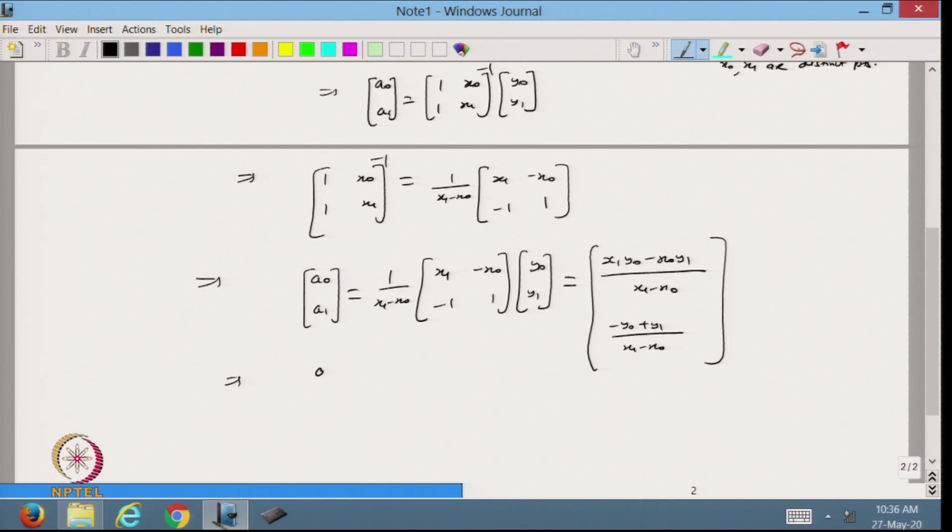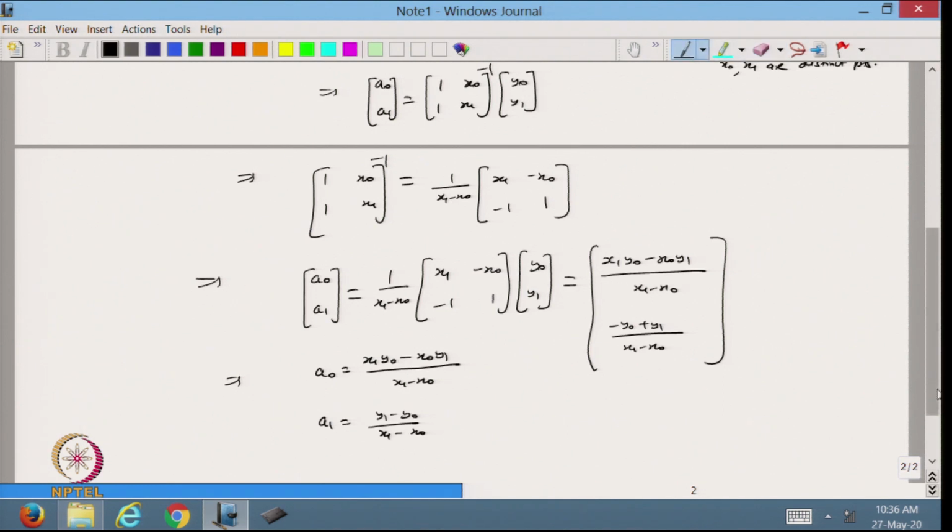So a0 is x1 y0 minus x0 y1 divided by x1 minus x0, and a1 is y1 minus y0 divided by x1 minus x0.